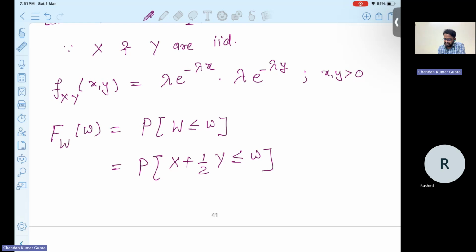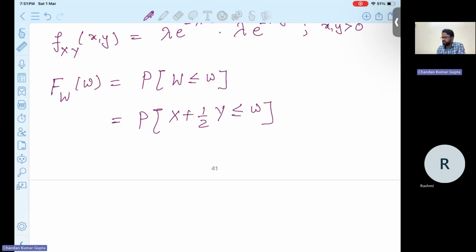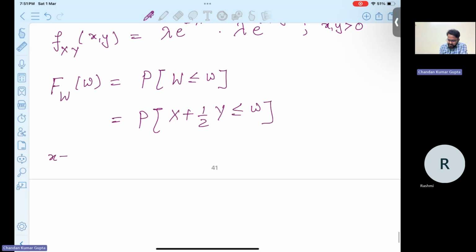We need to integrate over all values of x and y that satisfy this condition, X plus half of Y less than or equal to w.